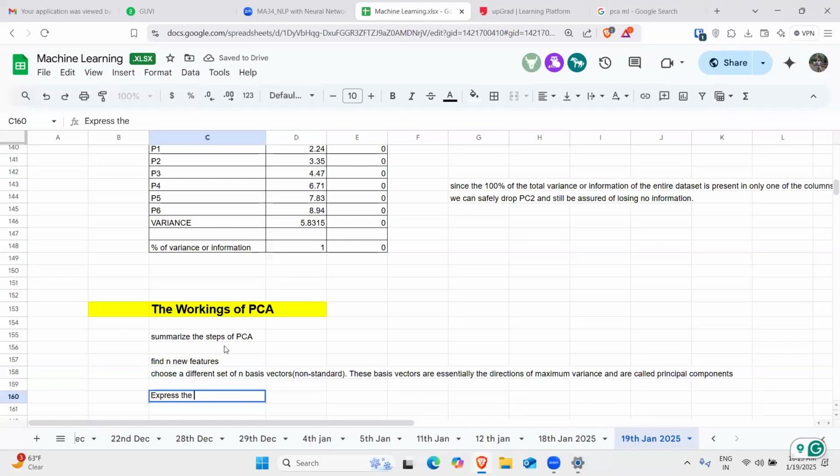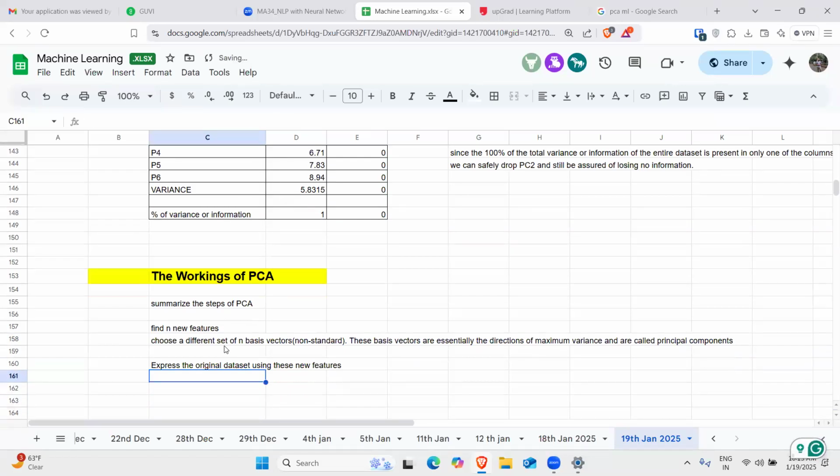Then we express the original data set using these new features. So we transform the data set from the original basis to this PCA basis. And then we perform dimensionality reduction.